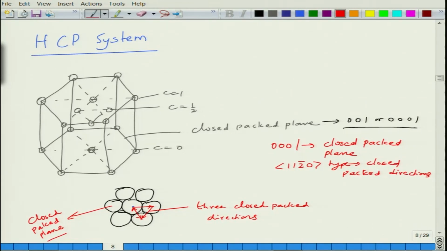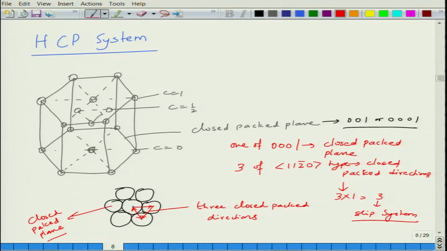So, how many of them are there? There are 3 of them. So, there are 3 of these directions, 1 of this plane. So, slip systems will be 3 into 1, a total of 3 slip systems. So, the number of slip systems in HCP will be 3 if you consider the closed packed plane and closed packed directions.